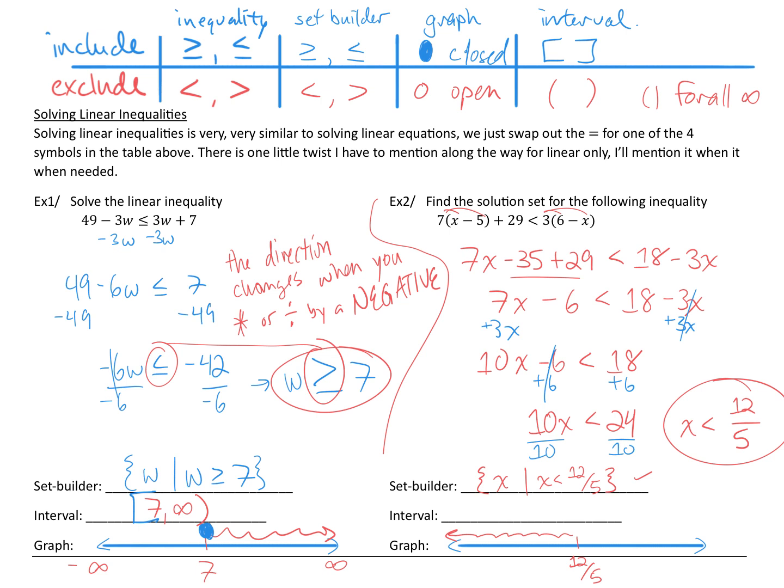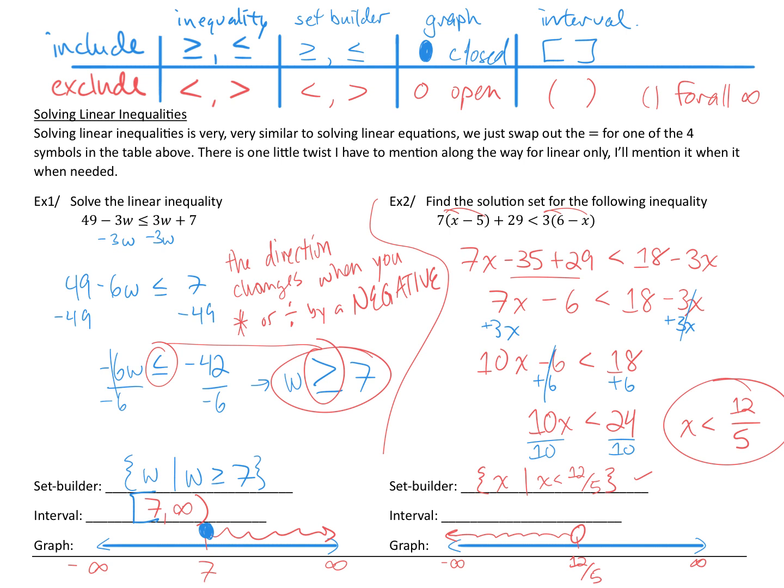Okay, from there we need to just consult our handy dandy chart. We have a less than symbol in both the inequality and set builder. That means we will use an open dot here. Cool. Let me put my negative infinity on the left side and positive infinity on the right. And this will help me find my interval notation.